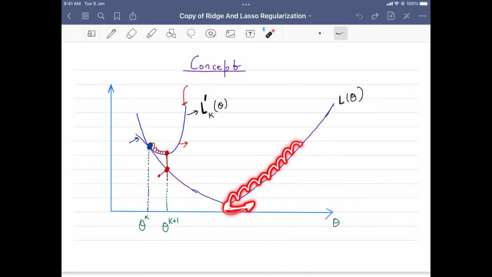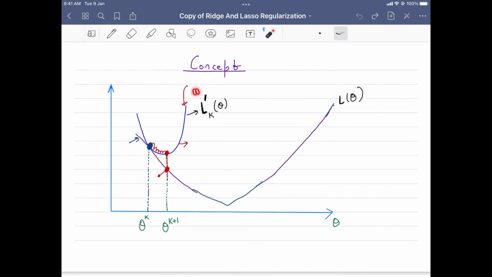So in order to avoid this type of situation, we try to form these proximal functions which we discussed last time. So what are these proximal functions? These proximal functions are nothing but convex functions which we will derive today. We will see what these convex functions are.